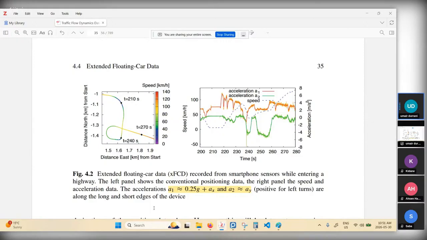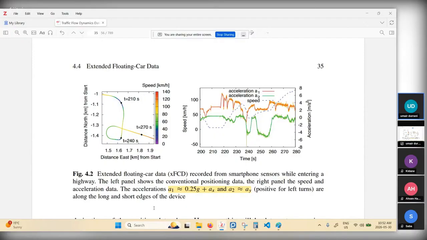Looking at this diagram, it seems that this is on an interchange or some part of a road network where we see that initially the speed, starting from the top left, is higher, between 80 to 100 kilometers per hour, and then it slows down. It enters that loop where it has smaller speed, between 40 to 60, and then it increases speed again as it enters the main part of the highway.